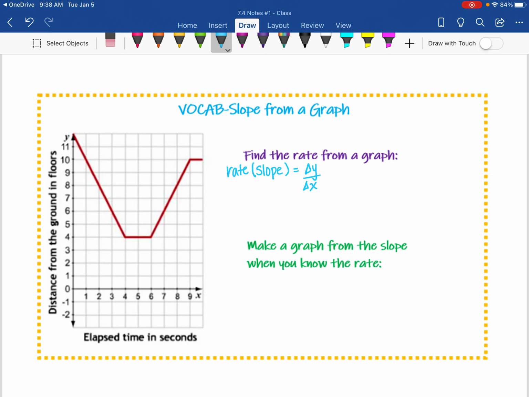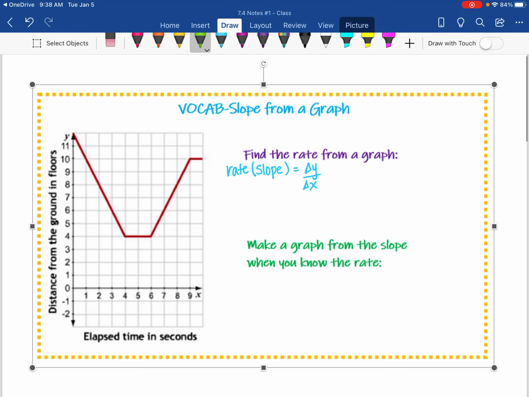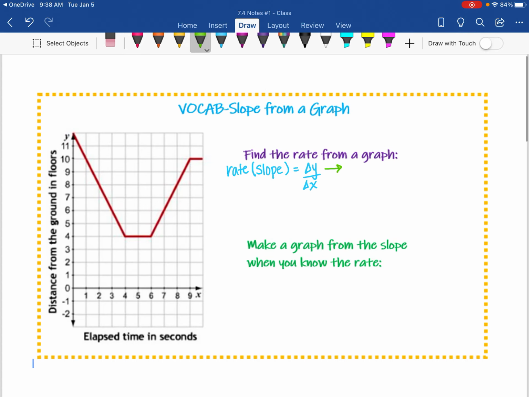So when we're talking about a graph, the change in y is the change up and down. So you've probably heard this before. We're going to talk about the rise or the fall from one point to another. Okay, so when we're talking about the change in y, we are talking about the rise or fall.